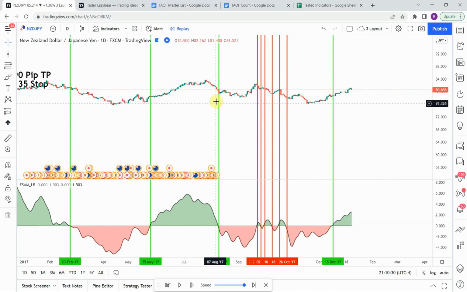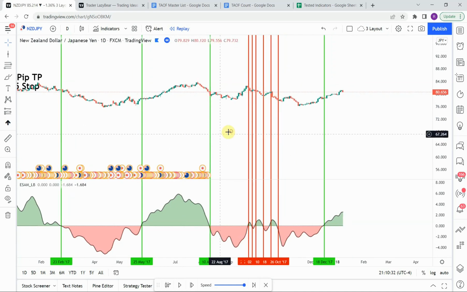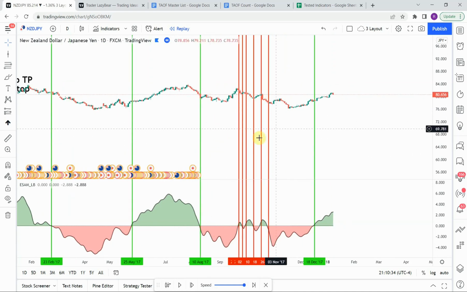It was doing rather well until we hit this spot right here, and it just got out of sync with price action. Started getting these kind of heavy pullbacks and these kind of fake signals taking place, almost like an area of consolidation.